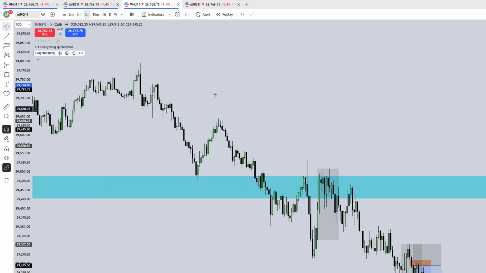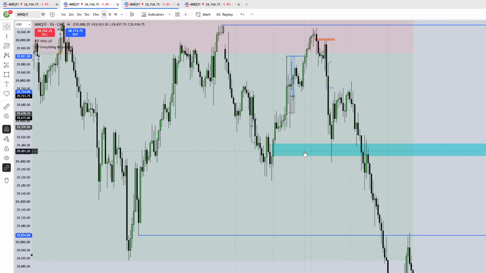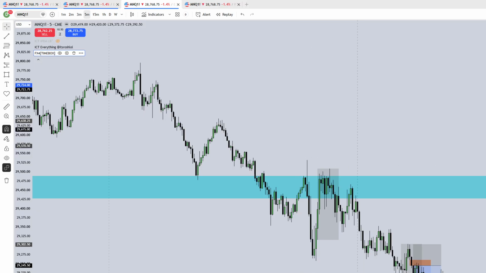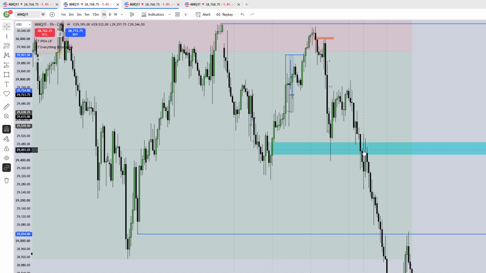So into Thursday, this is Thursday, we're closing below this discount BISI that we were looking at here as an inverse.